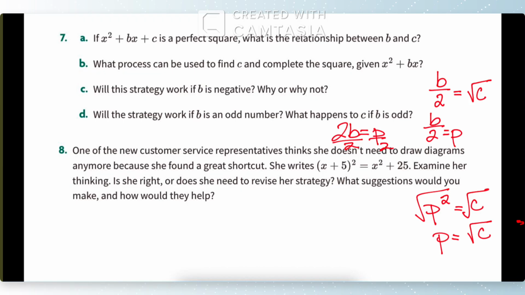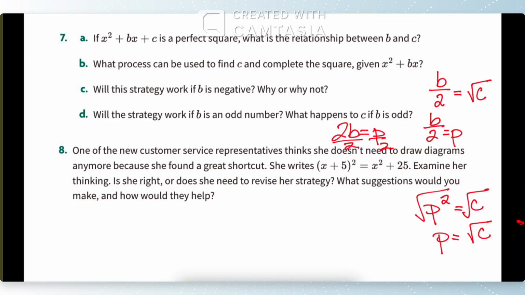This strategy would work if b is negative, because we can have a negative number cut in half, and if we square a negative, we just end up with a positive, right? So it does work if b is negative, it does work if b is odd. It just means that we have some decimals. And we know we can take decimals, right?